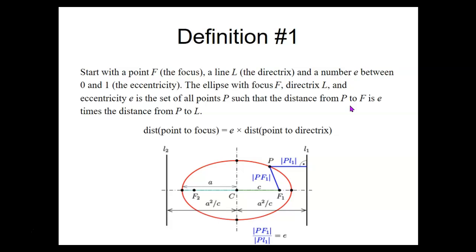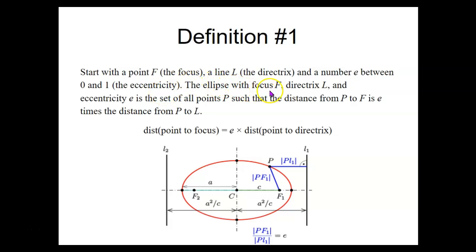Now, there are 2 ways of defining what makes an ellipse. What do all the points that make up an ellipse have in common that makes them an ellipse? So one possible way of defining an ellipse is this. Start with a point F to be a focus, and a line L to be a directrix, and pick a number E between 0 and 1 to be the eccentricity.